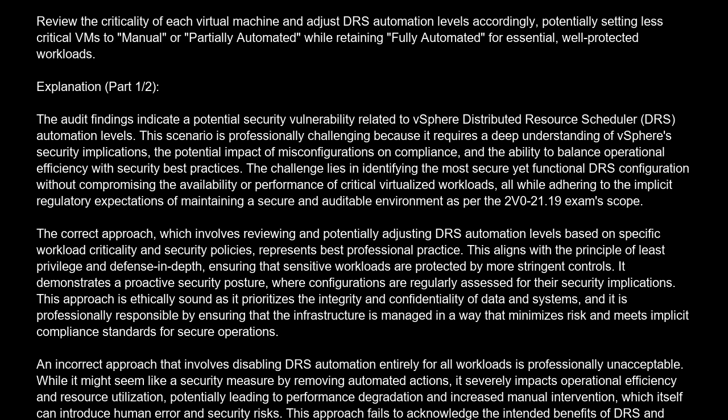While it might seem like a security measure by removing automated actions, it severely impacts operational efficiency and resource utilization, potentially leading to performance degradation and increased manual intervention, which itself can introduce human error and security risks. This approach fails to acknowledge the intended benefits of DRS and demonstrates a lack of nuanced understanding of security controls.